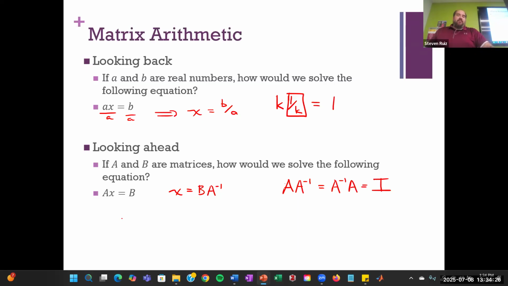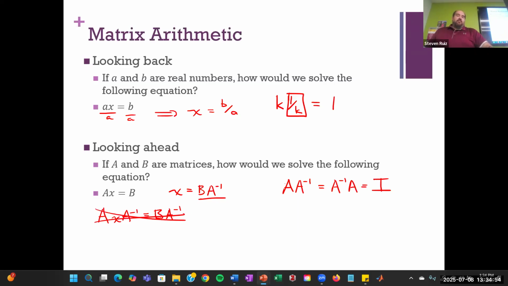So in this case, this looks like I multiplied A inverse on the right, which means what I would really have is this: AX A inverse equals B A inverse, which really looks like the A and the A inverse are going to cancel here, but because that multiplication of X is in between them, they don't cancel.